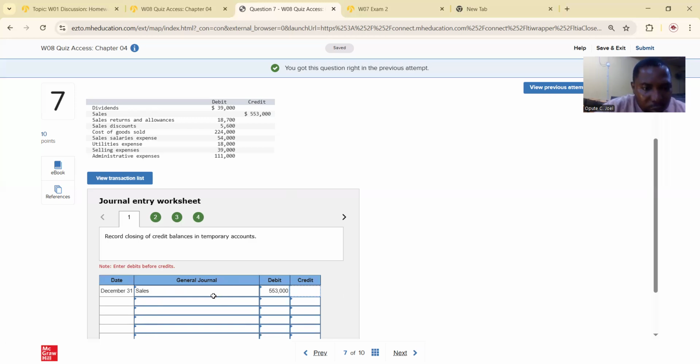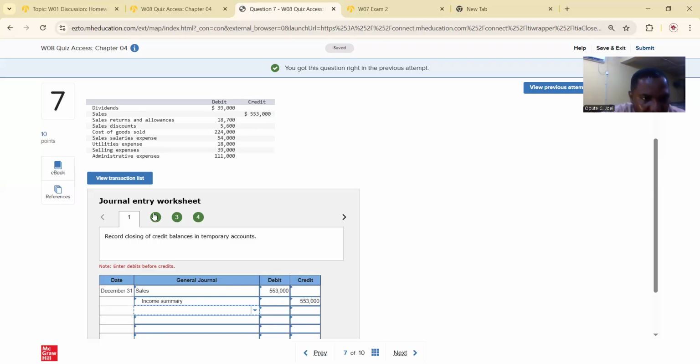And you close the entry by crediting income summary with the same amount, $553,000. And so the sales or revenue account, as it stands right now, is closed.